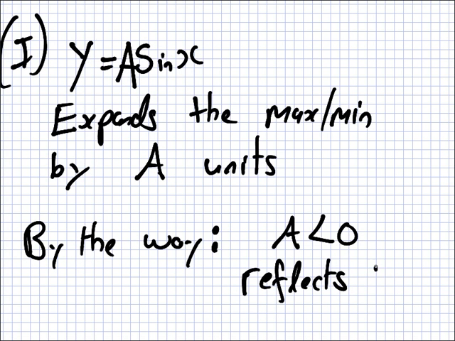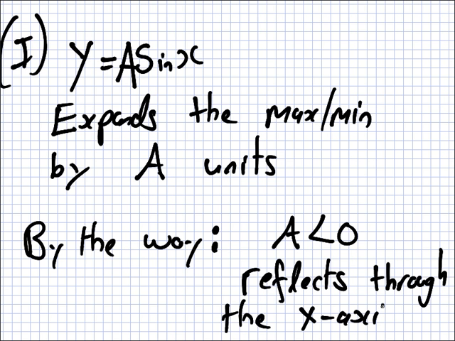So we say it reflects through the, what's the correct vocabulary here? Reflects through the x or the y? Reflects through the x. Okay, write that down. That's transformation 1. There's 4 transformations in total.